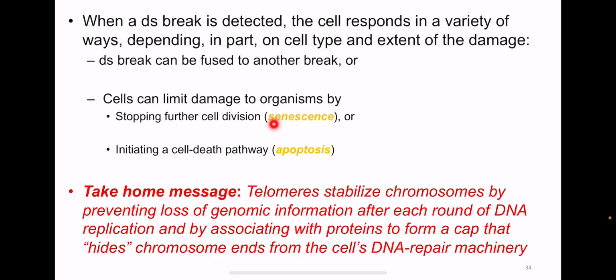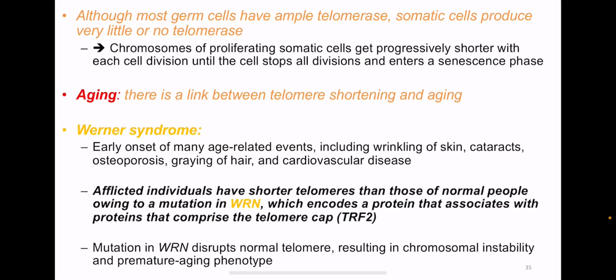It will stop further cell division, and that cell will never get to replicate again, and that's senescence. Or when the damage done is irreversible or beyond tolerance levels, it will initiate cell death pathways called apoptosis.